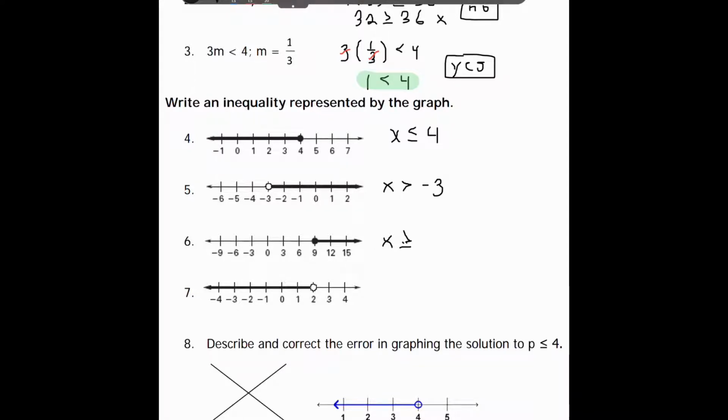I'll write it again a little bit neater. x is greater than or equal to 9. Number 7. We have an open circle at 2, and the arrow is pointing to the left, so x is less than 2.